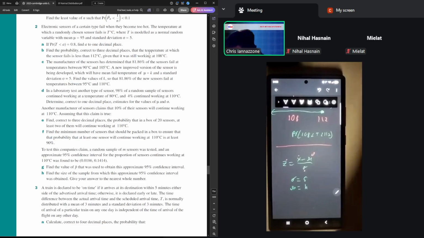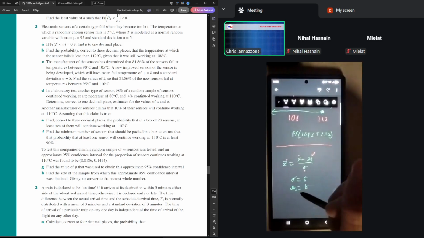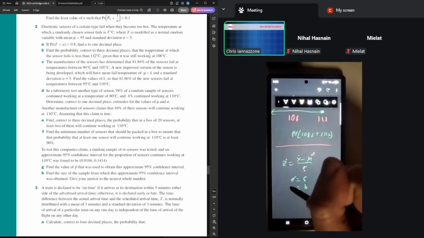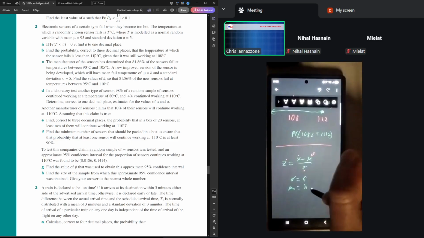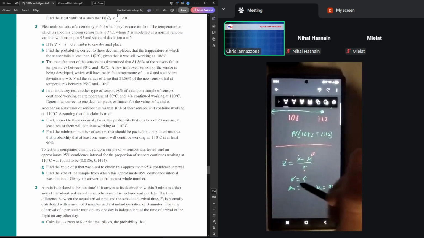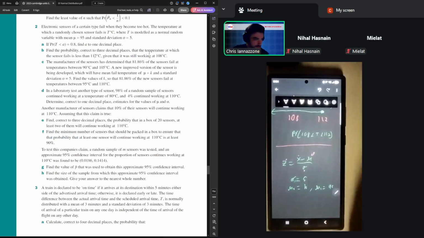I should probably say mean 2 is going to be k, because mean 1 is still going to be the old mean of 95. So mean 2 is k, mean 1 is 95. Standard deviation 1 and 2 are 5. What else do we need?